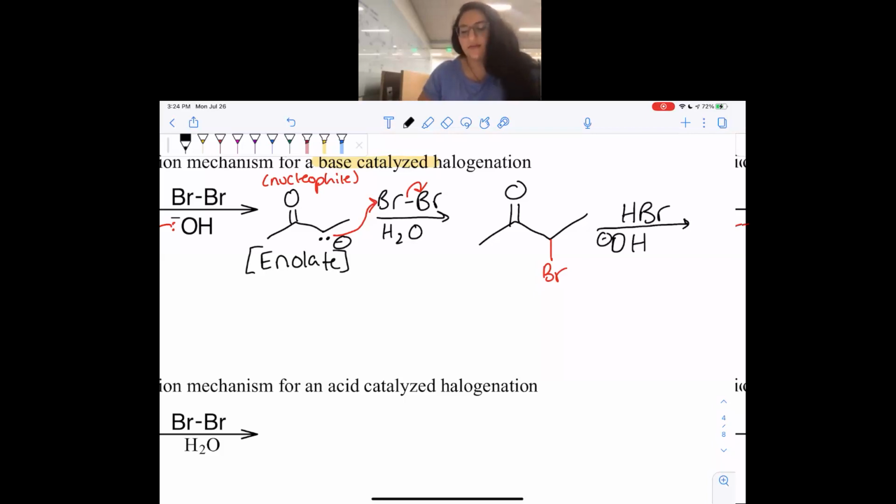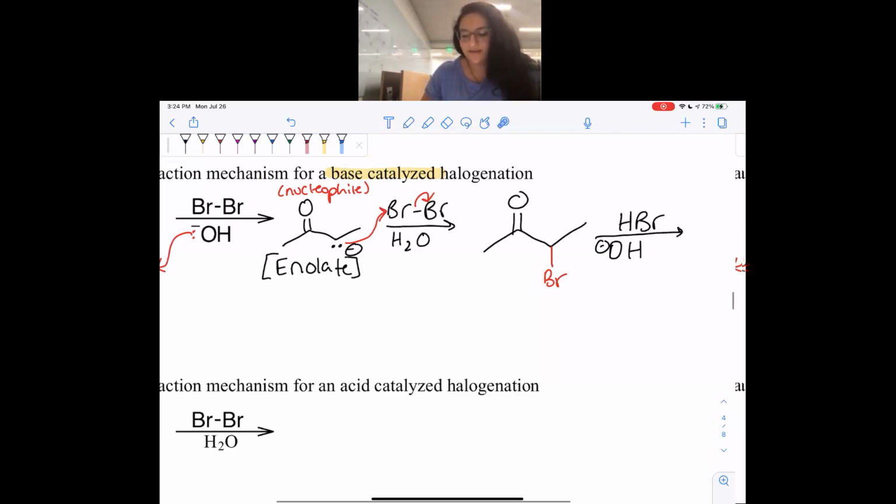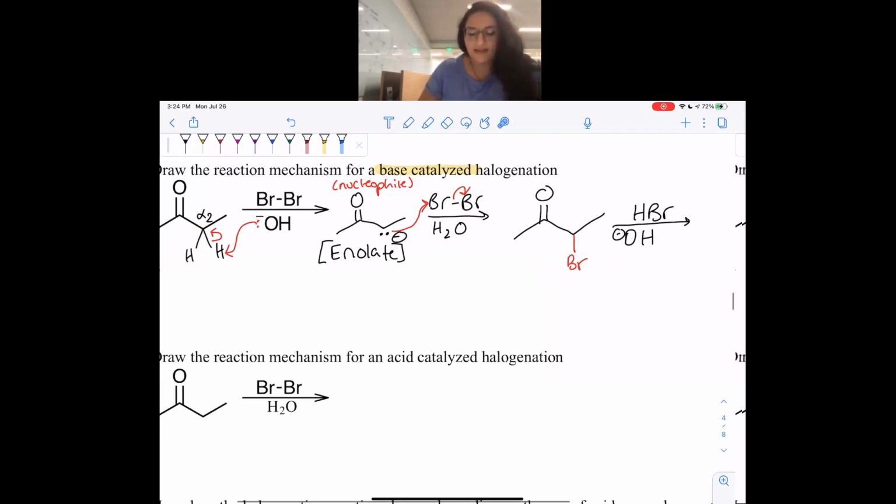So that's a great question. I didn't color code this. I got lazy. I apologize. This hydrogen was stolen by the OH, and we made H2O. And then from this H2O, the Br minus that we made stole one of the hydrogens and turned into HBr and OH.